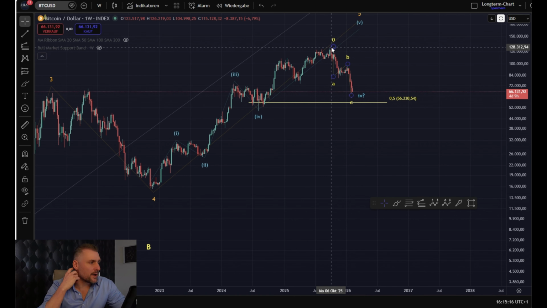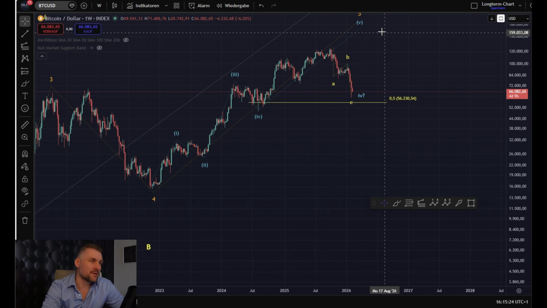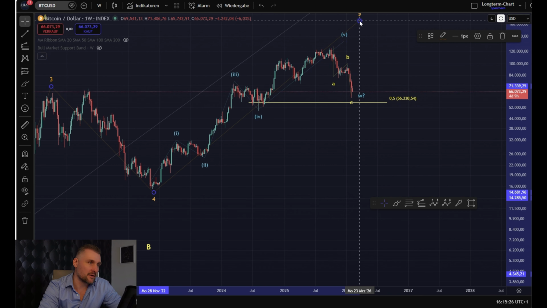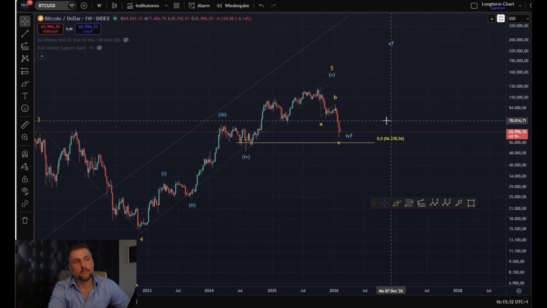But in Elliott waves, it's all about identifying the most probable scenario. And for me, the most probable scenario is that we have finished here the wave 5, or the bigger wave 5, and we already saw the wave 4.